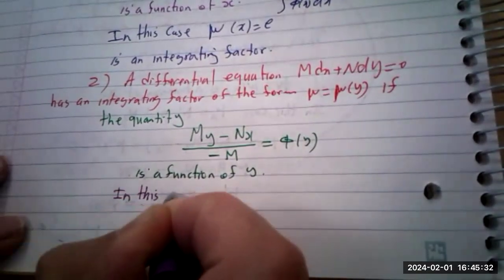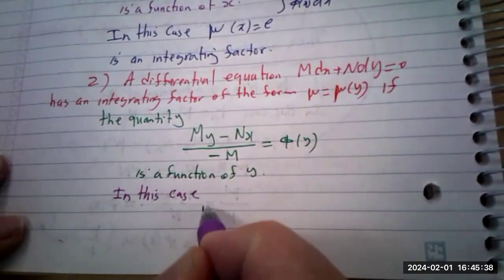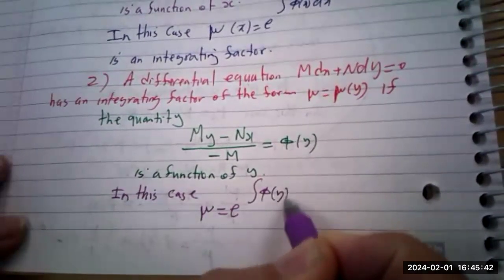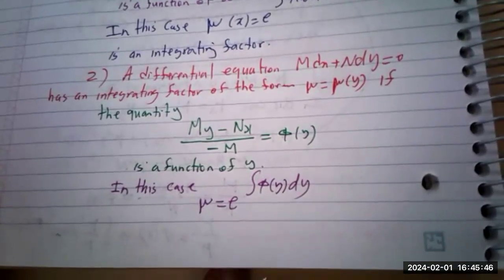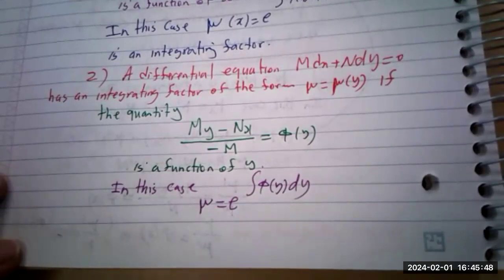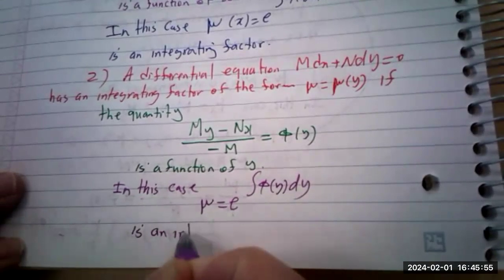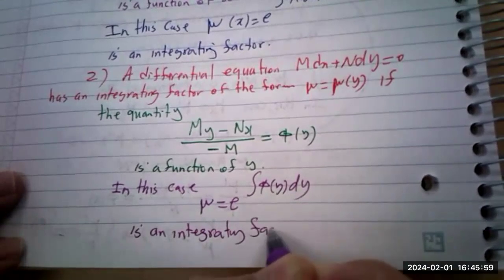In this case, your integrating factor would be mu equal to e to the integral of phi of y dy. More often we call it phi of x and phi of y, like the integral of p(x) dx that we did before. It is an integrating factor.